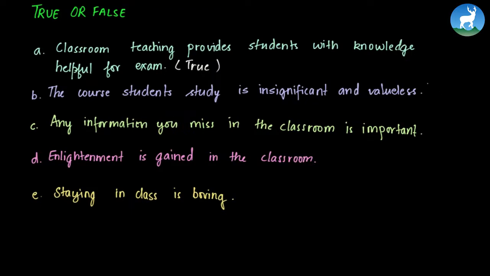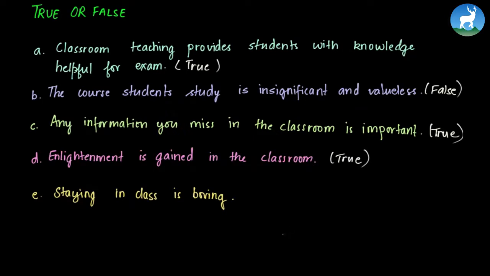This is false, because anything you learn, especially the course, can never be valueless. Third, we have any information you miss in the classroom is important. Of course, this is true because in classroom, we have important things to talk about, and whatever information we get in classroom is important. Enlightenment is gained in the classroom, so this is true, because in class, we get education, and with education, we are enlightened.